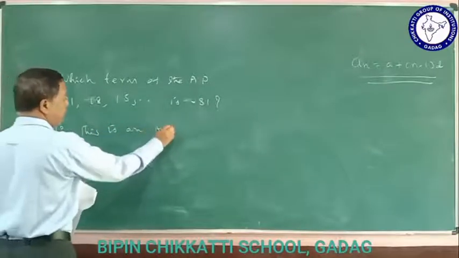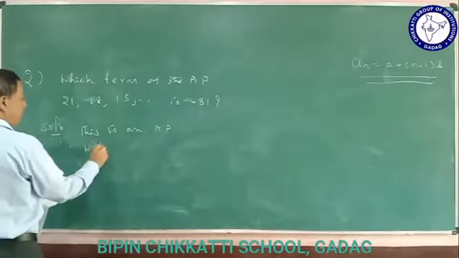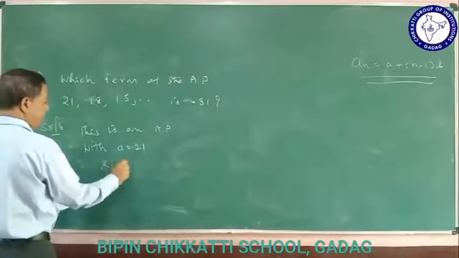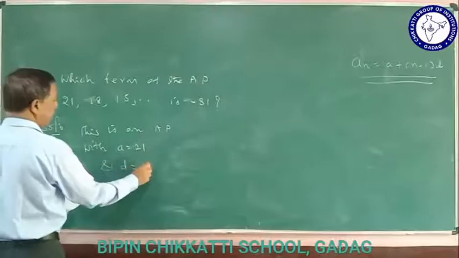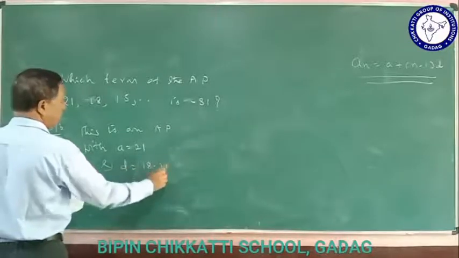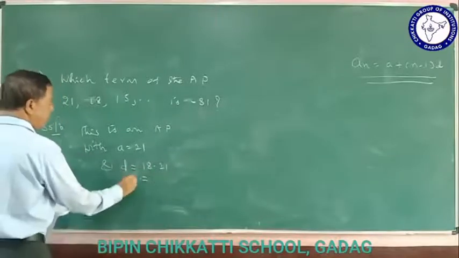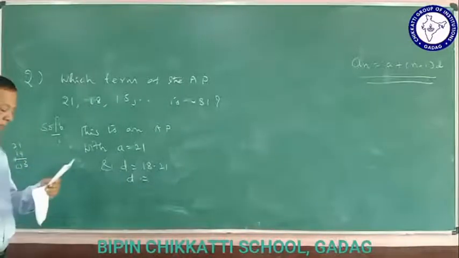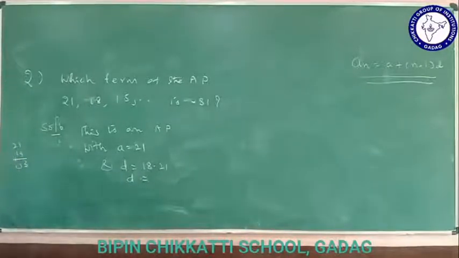This is an AP with A equal to 21 and D equal to 18 minus 21. D is equal to any term minus the previous term. So what is the value of D?